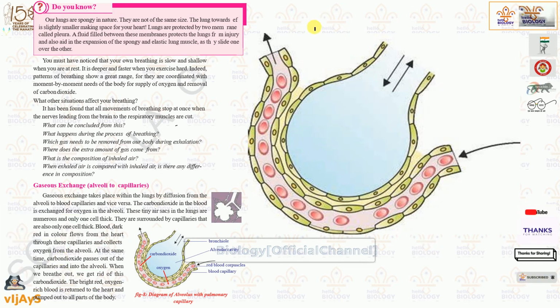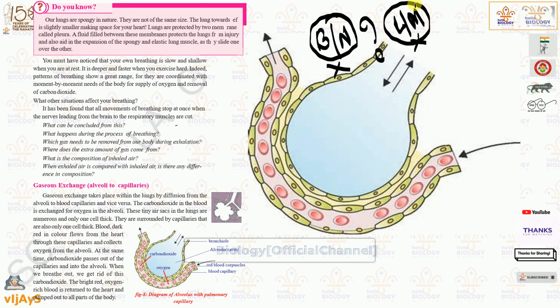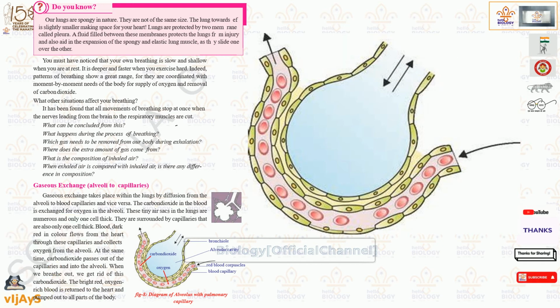That means on the basis of brain, nerves, and lung muscles, if they are cut, what will happen? That means the brain nerves have been cut, the muscles of the lungs have been cut. Those questions are in the textbook and are important here.